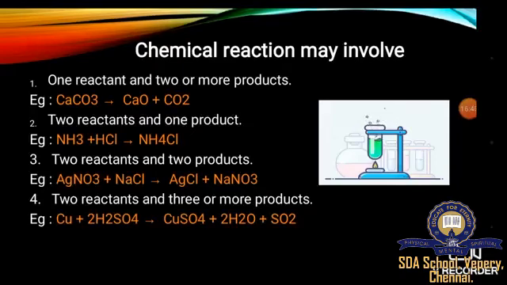Here Cu plus 2H2SO4 gives CuSO4 plus 2H2O plus SO2. It means that 2 reactants are combined and they form 3 or more products. Here 3 products are formed. So chemical reactions may have 1 reactant and 2 or more products, or 2 reactants and 1 product, or 2 reactants and 2 products, or 2 reactants and 3 or more products.